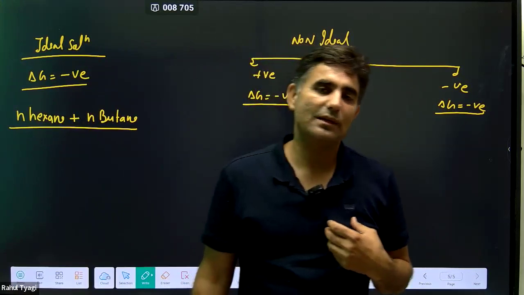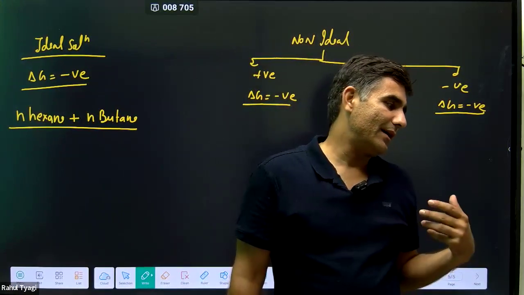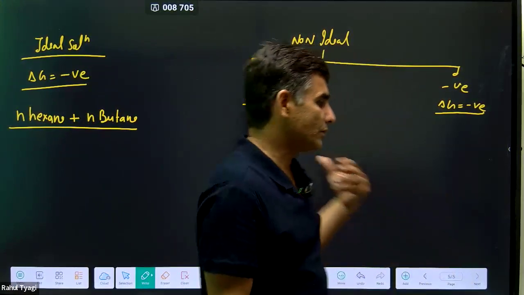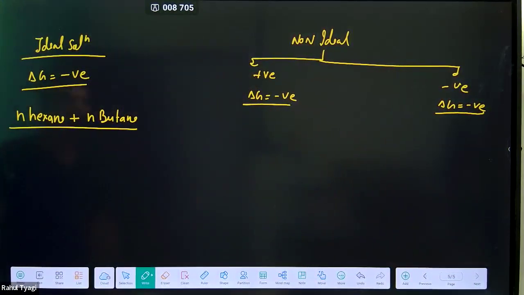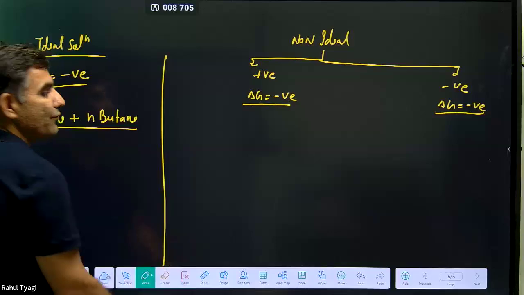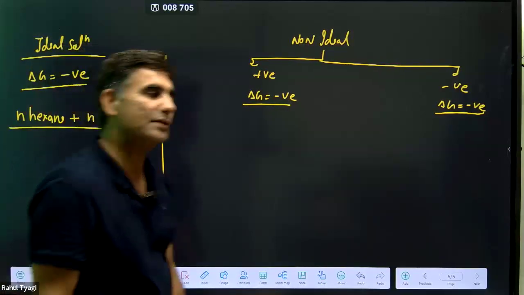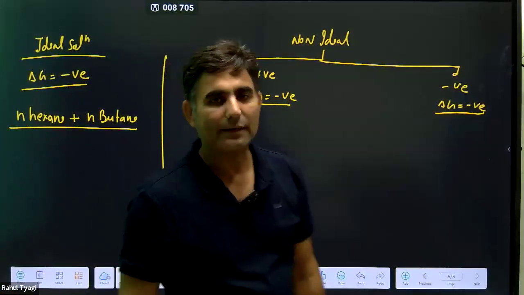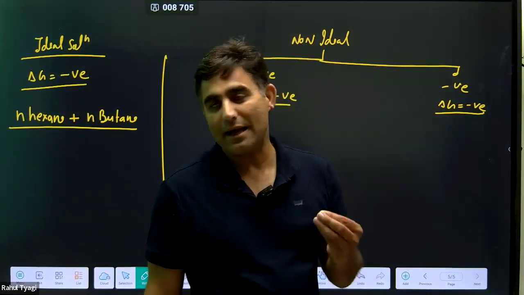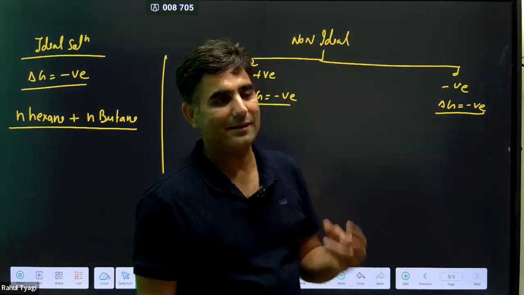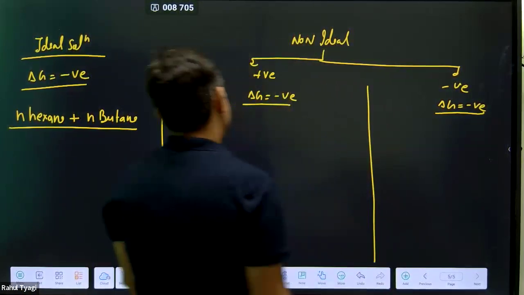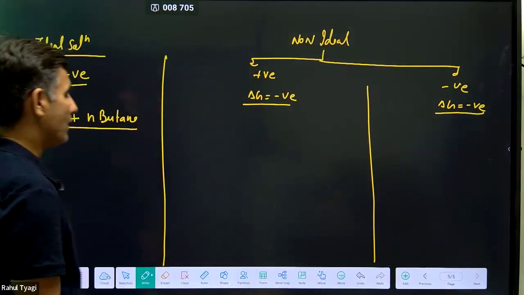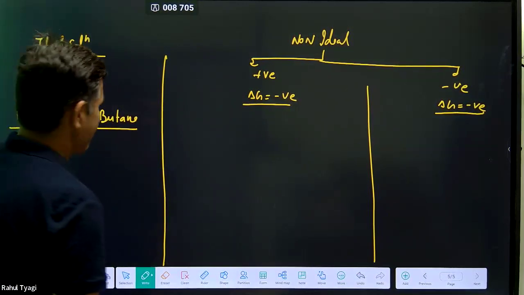If non-ideal, tell us whether it shows positive deviation or negative deviation. So I'm telling you a few techniques on the basis of which you can predict whether the pair is an ideal or non-ideal solution, and in the case of non-ideal, whether it shows positive or negative deviation.